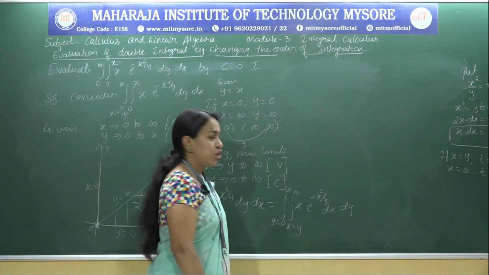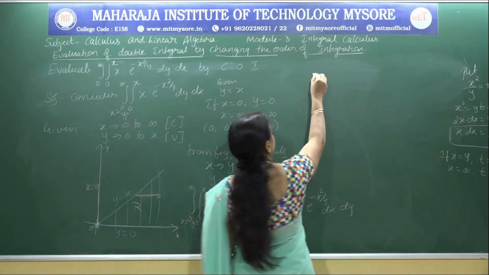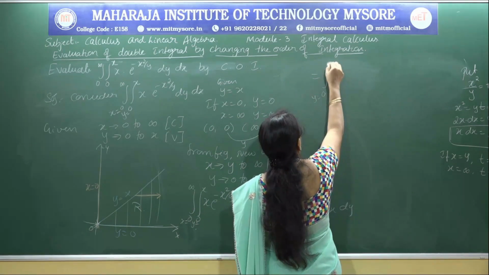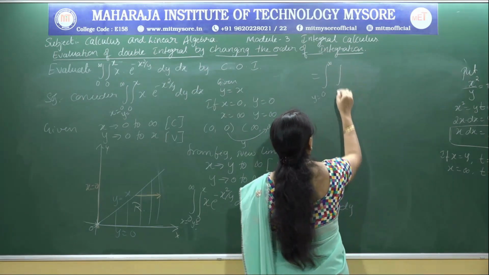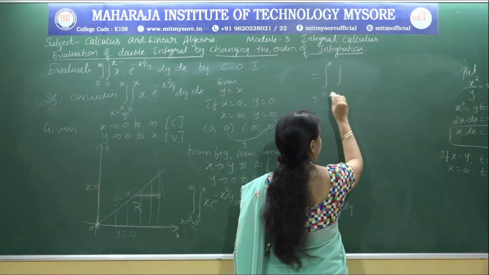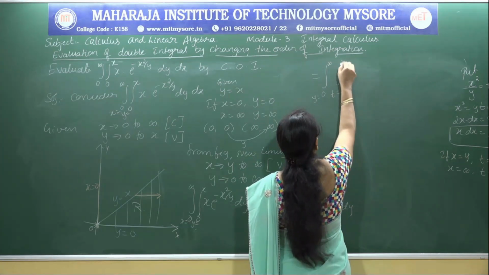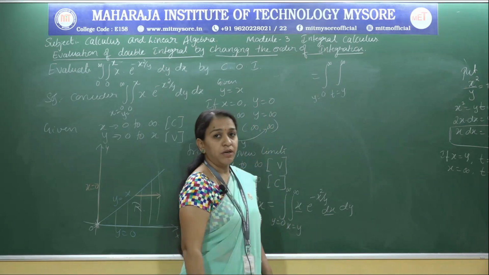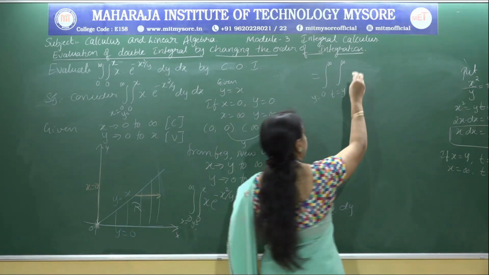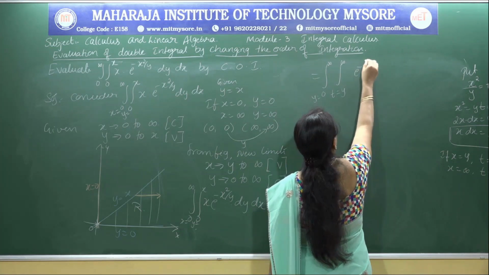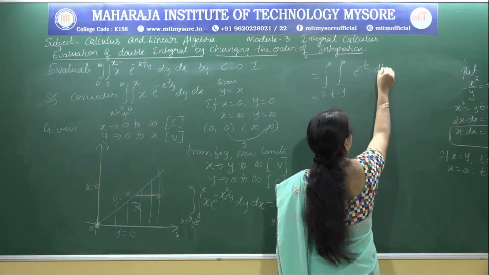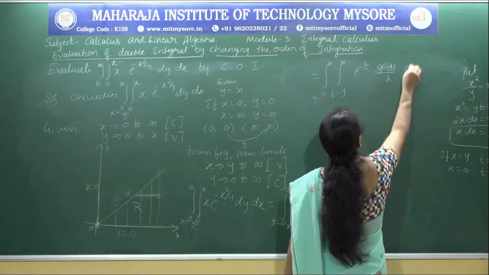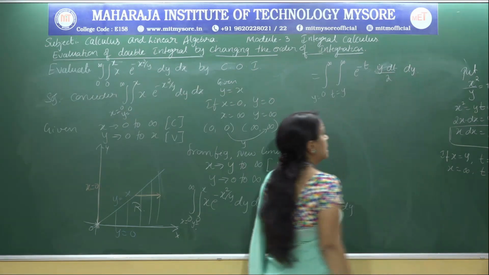So by substituting and changing the limits, the given double integral reduces to the integral for y from 0 to infinity, and the integral for t from y to infinity, and x dx can be replaced by y into dt by 2, with e power minus t, dt, y dt by 2 being the remainder, and dy remains as it is.